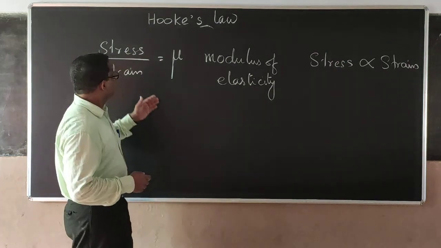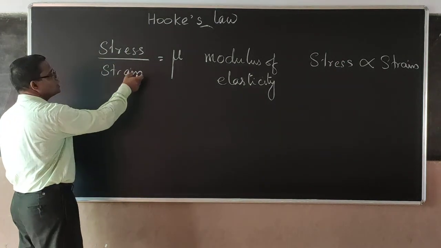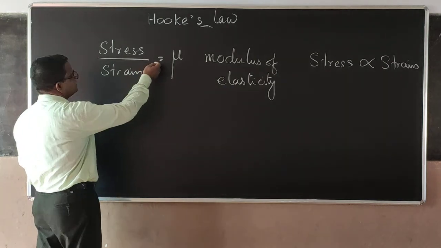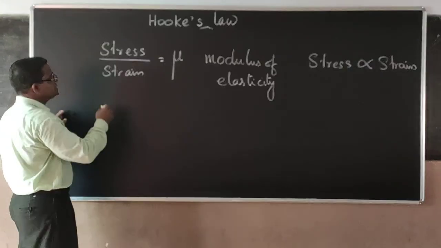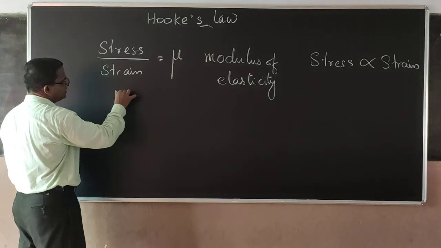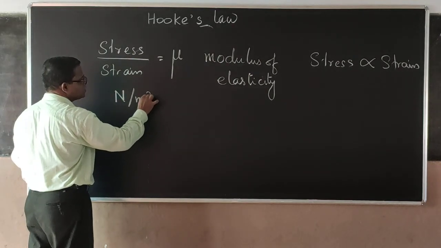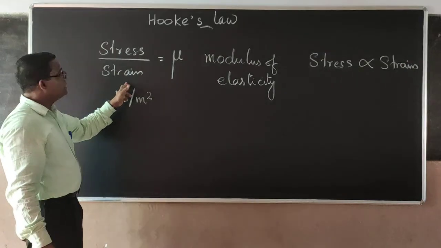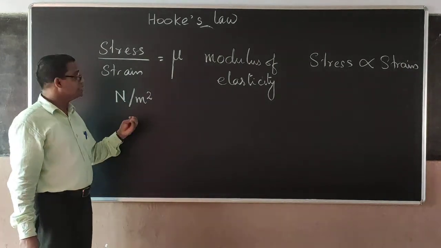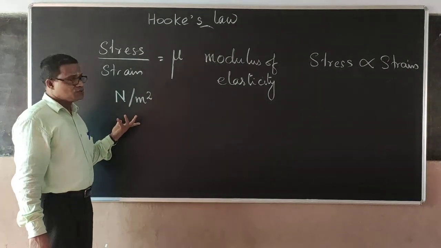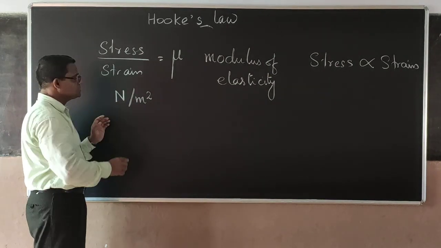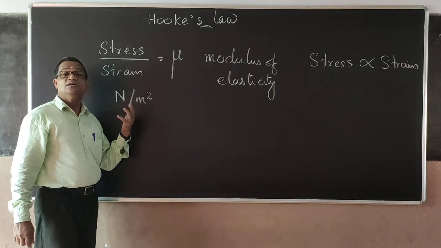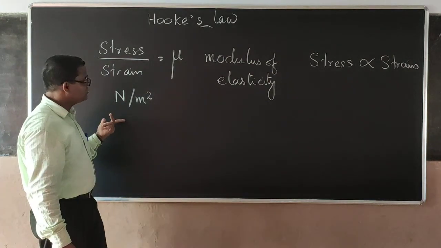Now, when you define this modulus of elasticity, it is stress by strain, and the unit of modulus of elasticity is Newton per meter square, because strain is dimensionless, unitless. So the unit of modulus of elasticity is the same as that of stress or that of pressure.